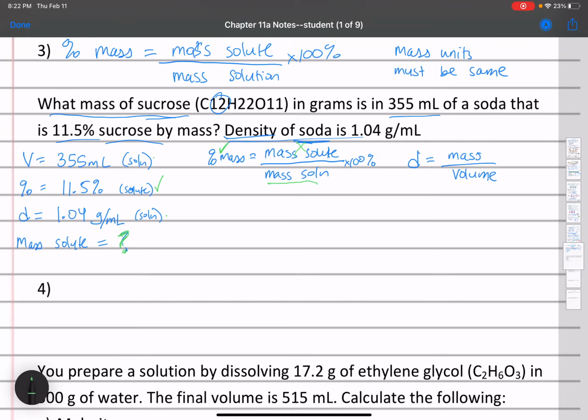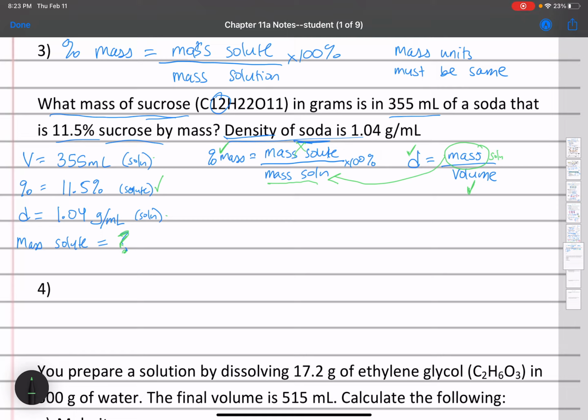Yes, I can, because I can use the density equation. If I know the density and I know the volume, I can solve for the mass of the solution. And then I can plug that in down here, and then I'll be able to solve for the mass of the solute. Okay, so that's exactly what I'm going to do.